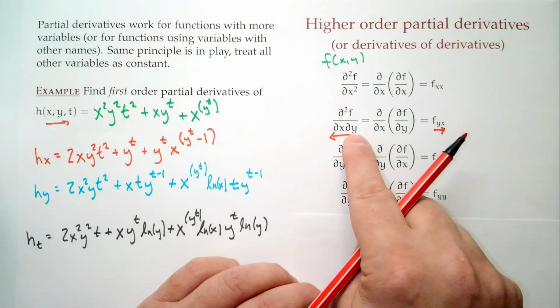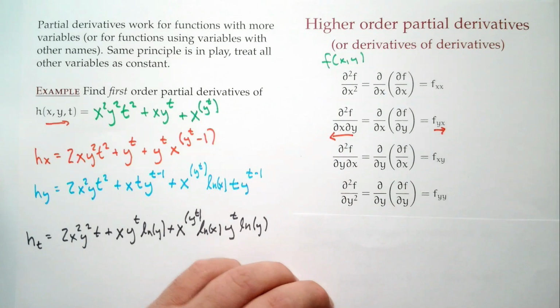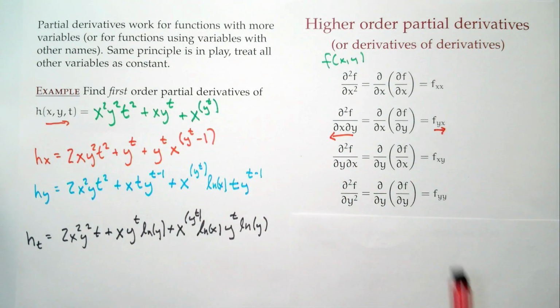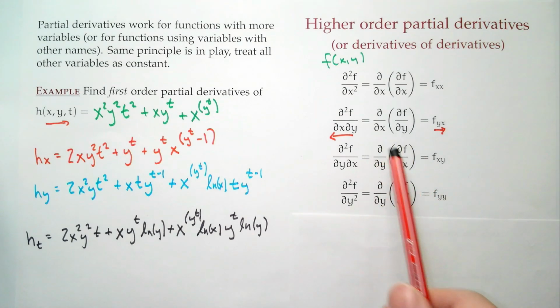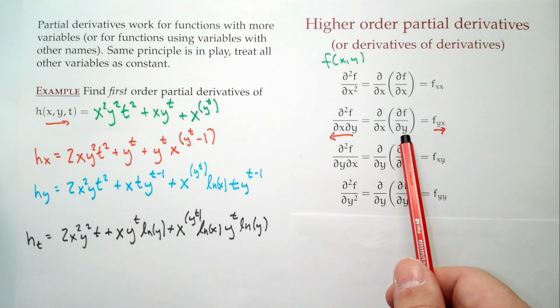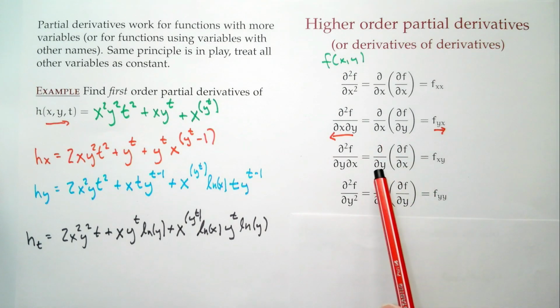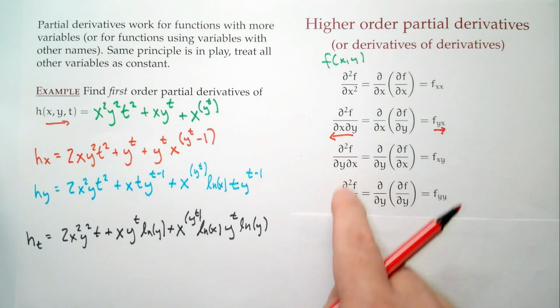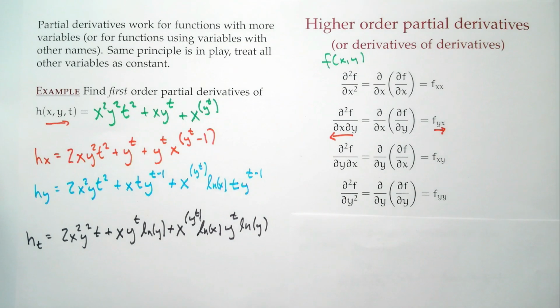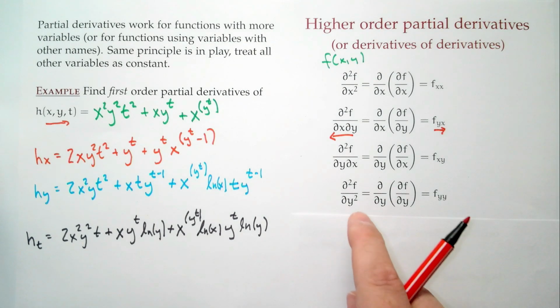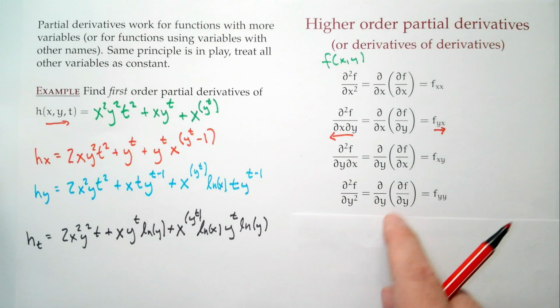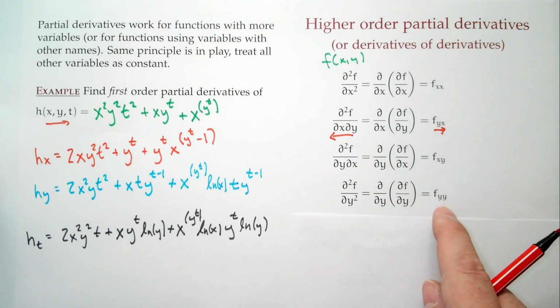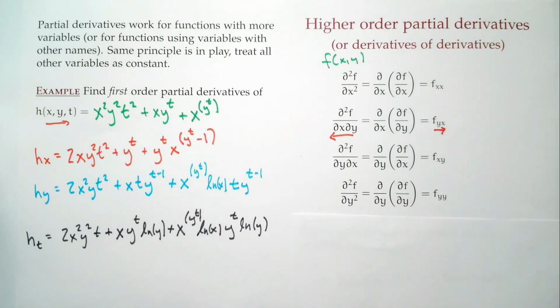So you say, first I took the derivative with respect to y, and then the derivative with respect to x. Notice here, we took a derivative of each kind. So either y first, then x, but I could have done x first and then y. It looks very similar, we just reverse things. So f sub xy, or partial squared f, partial y, partial x. And then our final one is, of course, partial squared f, partial y squared, which means we took two derivatives with respect to y. That's f sub yy.